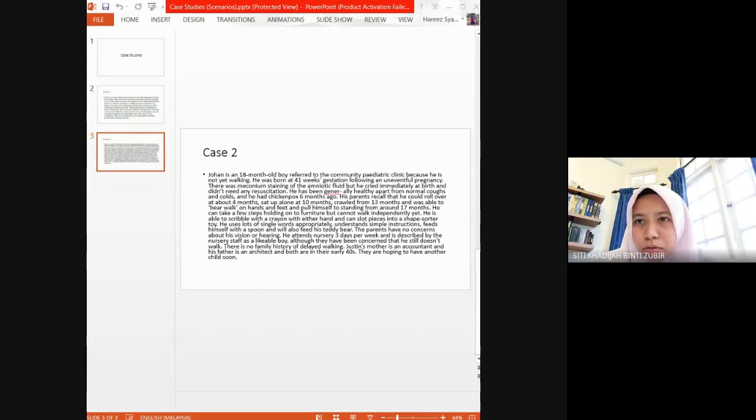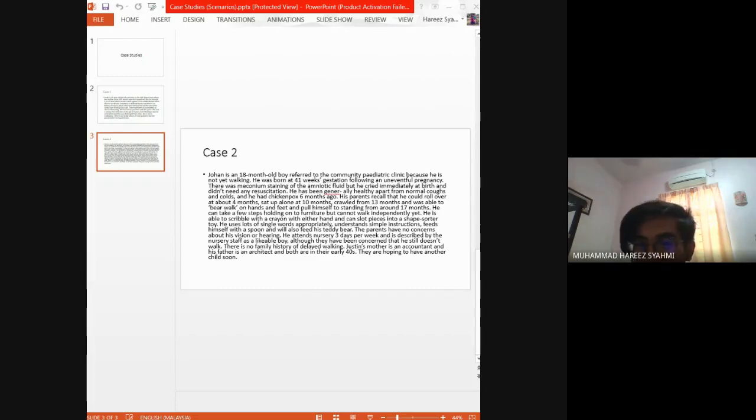All right. So what do you think is the possible diagnosis in this case? Can anyone? Let us start with Haris. Okay. For me, I think it might be due to cerebral palsy because there is a meconium staining that indicates he might have had a problem.